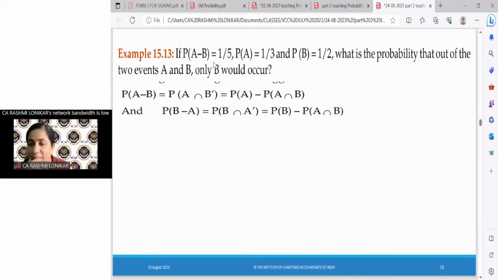Okay. If P of A minus B is 1 by 5, P of A is 1 by 3 and P of B is this, what is the probability that out of the two events, A and B, only B would occur? Okay. So I can even explain this to you.